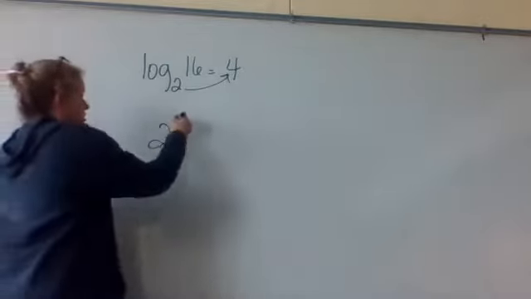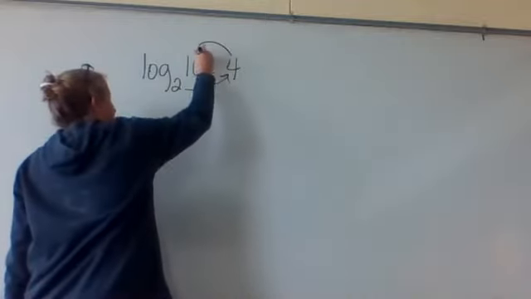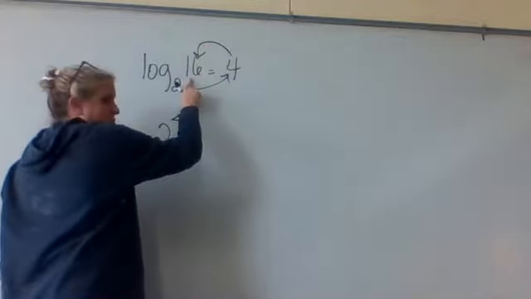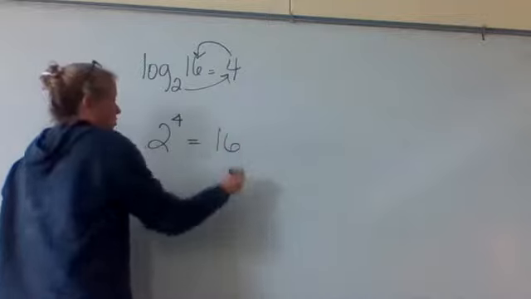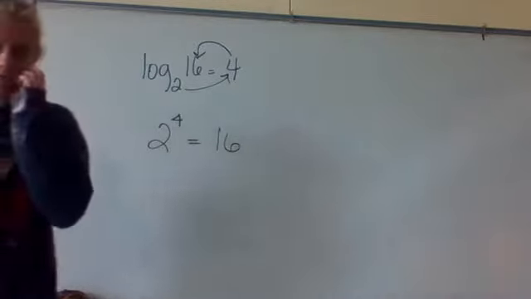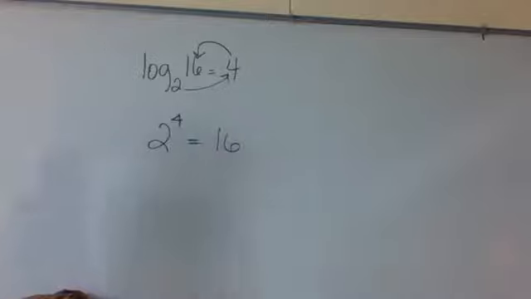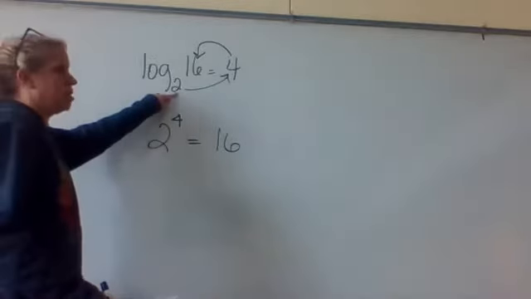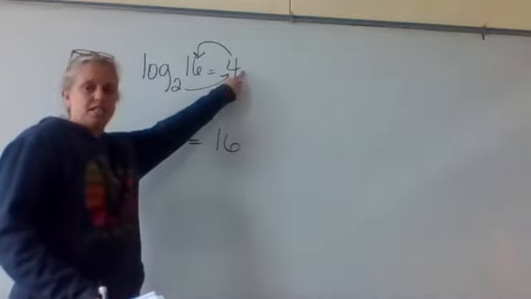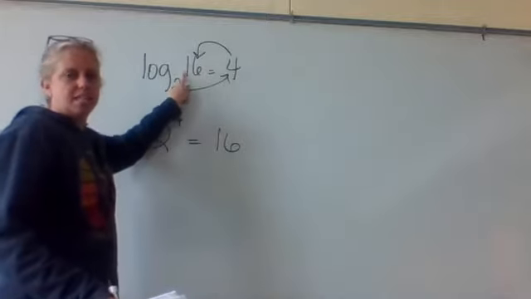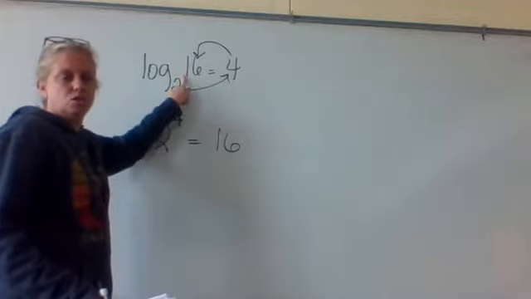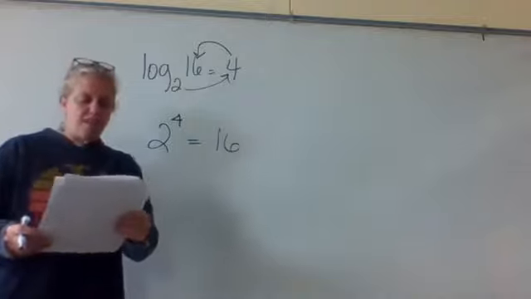So 2 to the 4th power is going to be equal to the number that is right here, so equals 16. So that's how you convert from log to exponent. That's going to be your base. Raise it to that power and set it equal to what you're taking the log of.